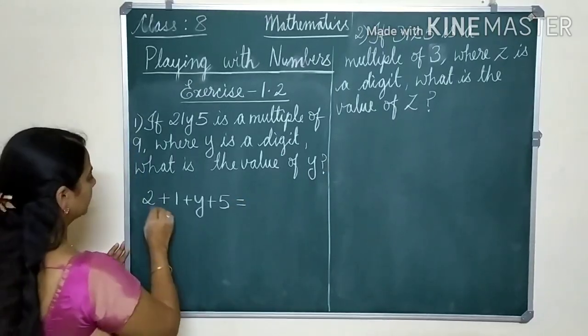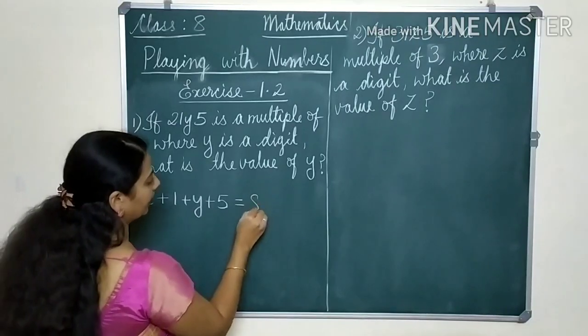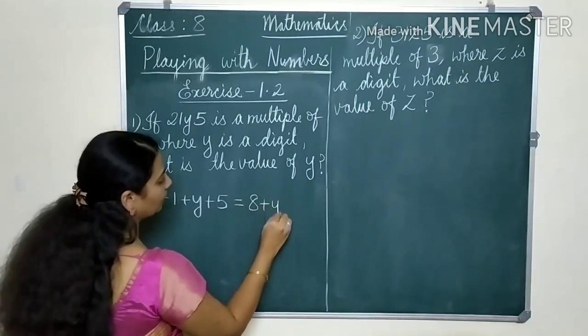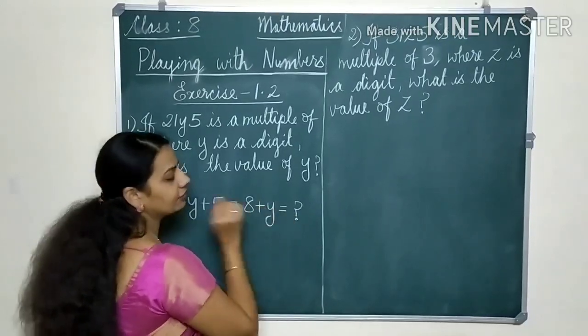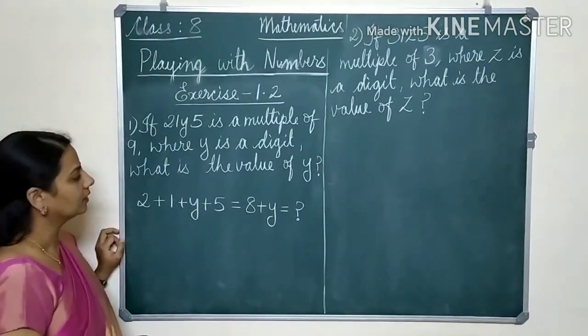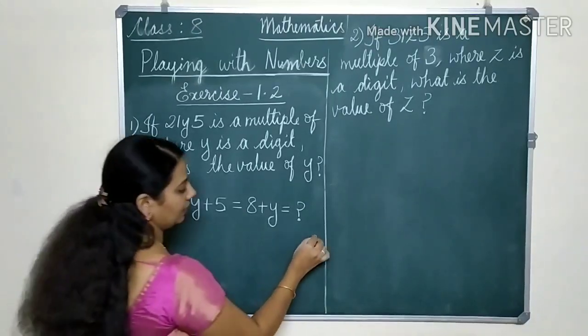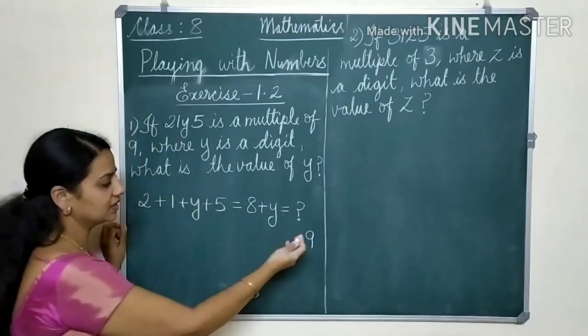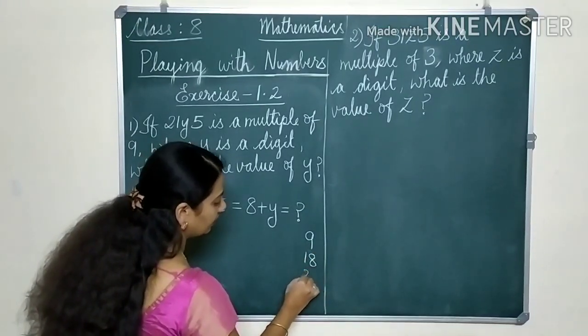So what is this? 2 plus 1, 3. 3 plus 5 is 8. 8 plus y should be a multiple of 9. Okay. Now what are the multiples of 9? Of course 9 is a multiple of 9. 9 ones are 9. Then comes 18. Then comes 27.